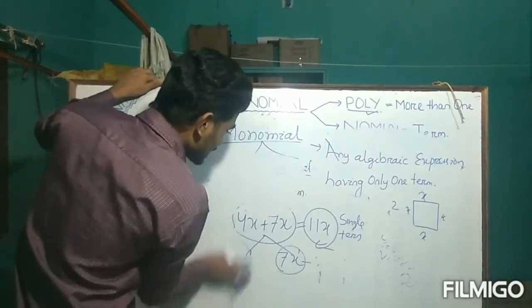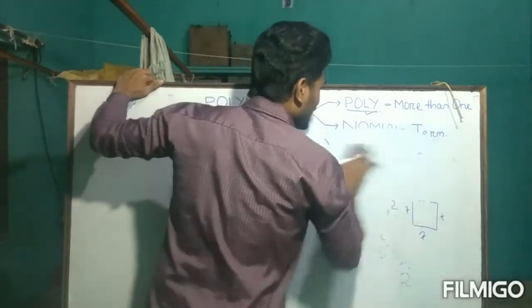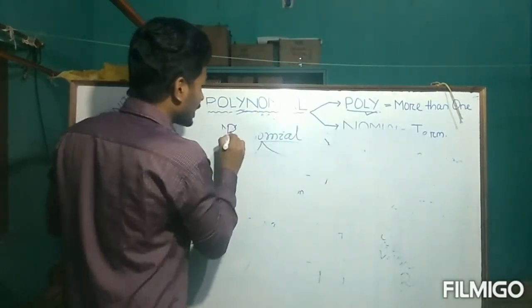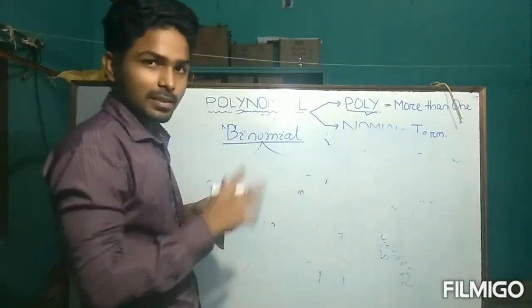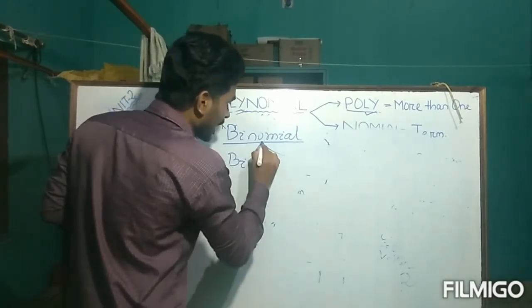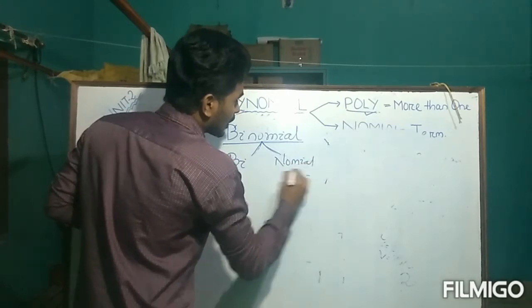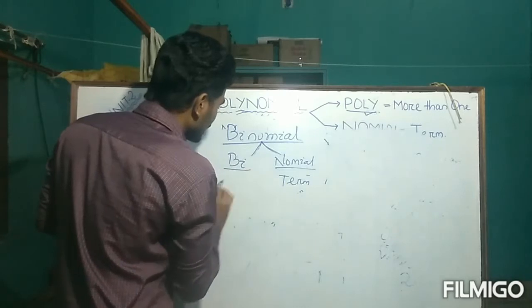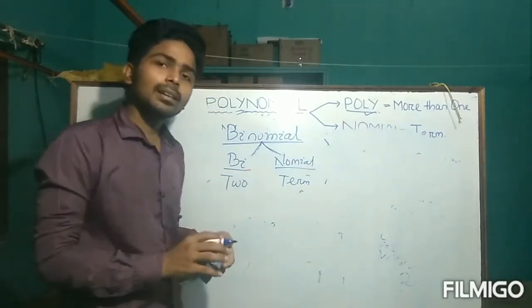Then the next one is binomial. Binomial consists of two terms. Bi means two and nomial means term. So what is the definition of binomial?